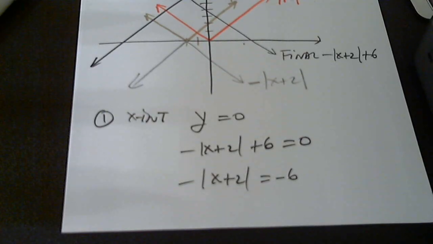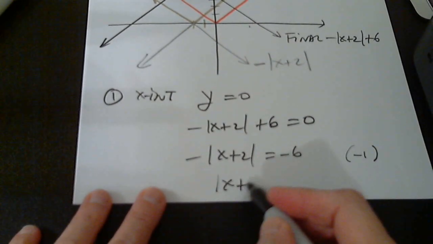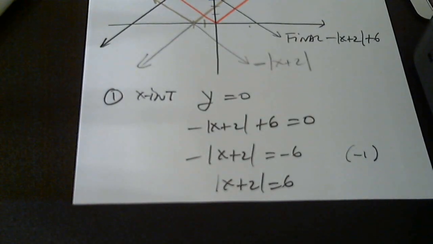Next step, please. Careful, no, we cannot do that. Why negative 1? Multiply both sides by negative 1. Very good. Excellent. Now what?